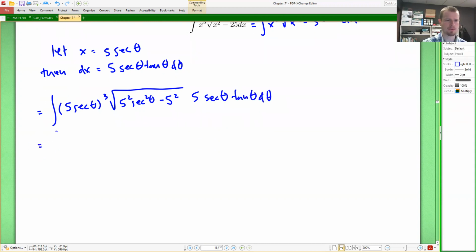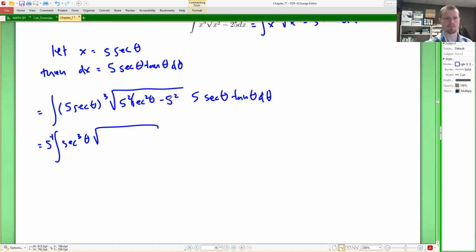So first, our simplification: 5 cubed, I can pull that out, and I've got a factor of 5 here as well, so we'll call it 5 to the 4th secant cubed theta, and this is the square root of 5 squared times secant squared theta minus 1.